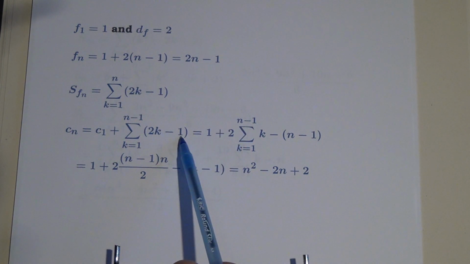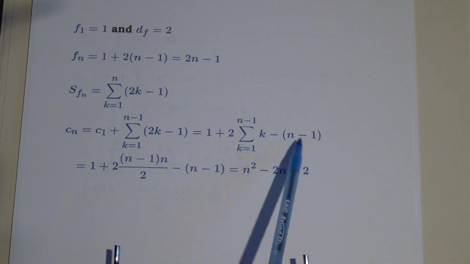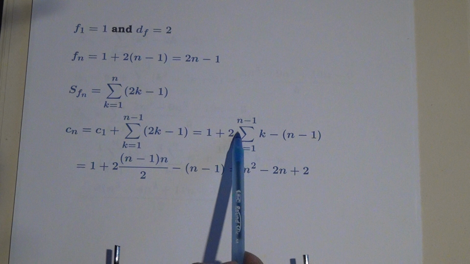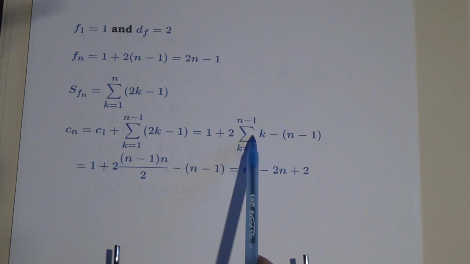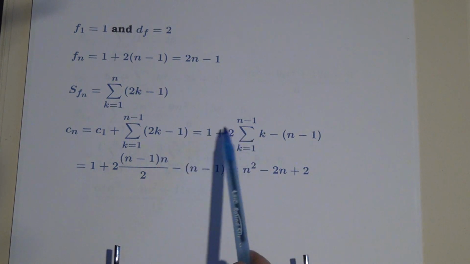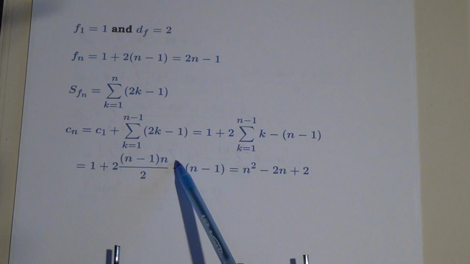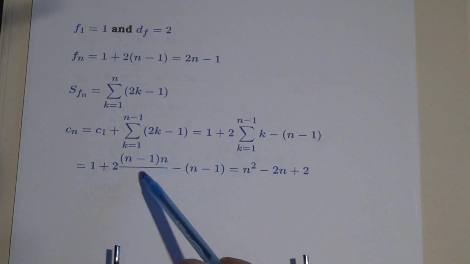And then here, 1, you don't have a k, then you just multiply, so minus n minus 1. Now, you replace this one by the formula. The formula was n times n plus 1 divided by 2, but in place of n, we replace n minus 1. So n minus 1, n plus 1 becomes n. So n minus 1 times n over 2.